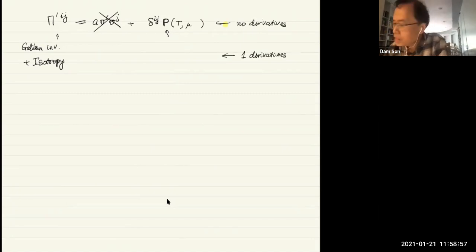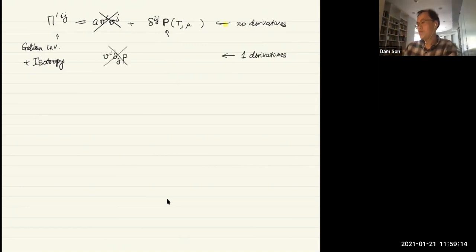So in terms with one derivative, we can exclude this kind of term, for example. Vi dj rho would not be possible, exactly because v would not be invariant under Galilean transformation.